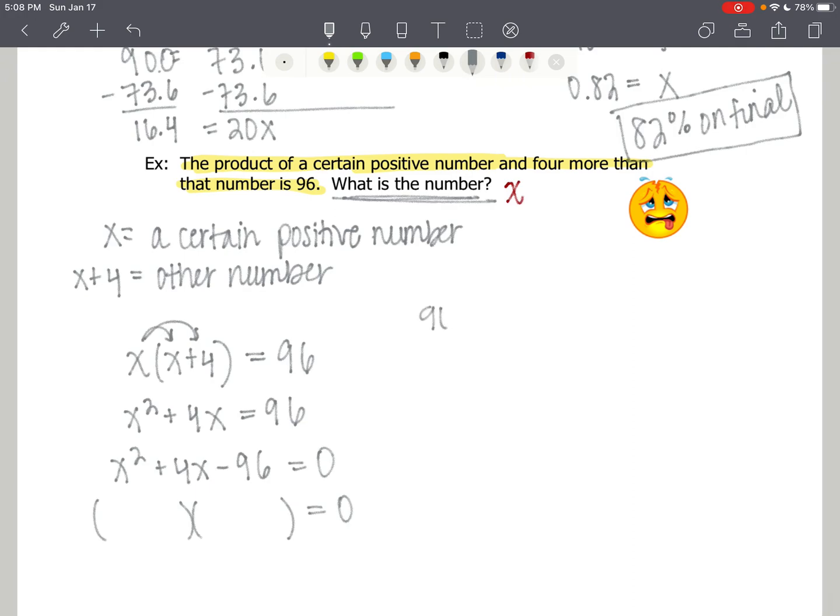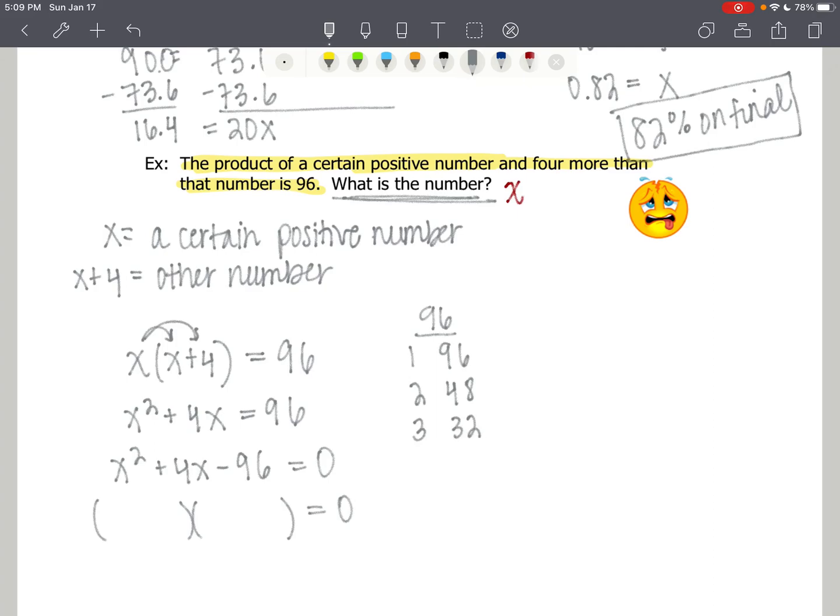When we factor 96, I'm going to go off to the side and just practice with you. 1 and 96, 2 and 48. 3 goes into 96 because 9 plus 6 is 15, and if 3 goes into the sum of the digits, it goes into the number.